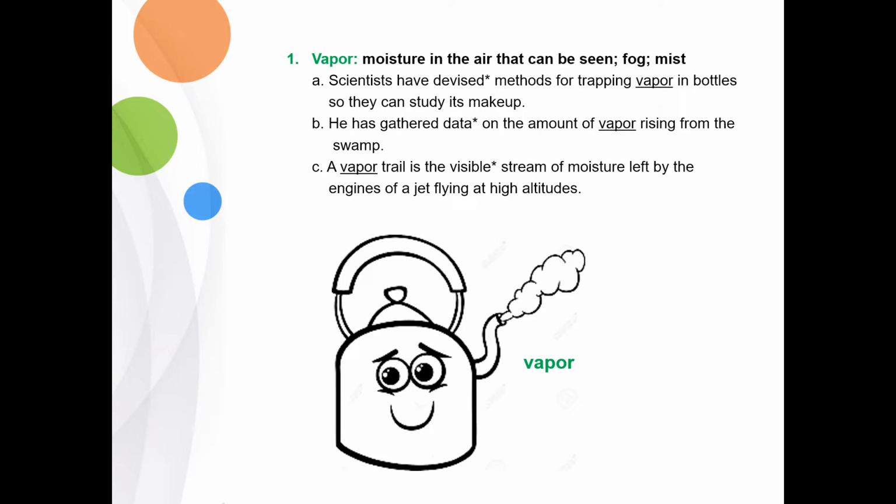Number 2. He has gathered data on the amount of vapor rising from swamp. Number 3. A vapor trail is the visible stream of moisture left by the engines of a jet flying at high altitudes.